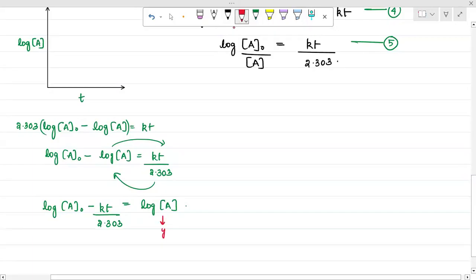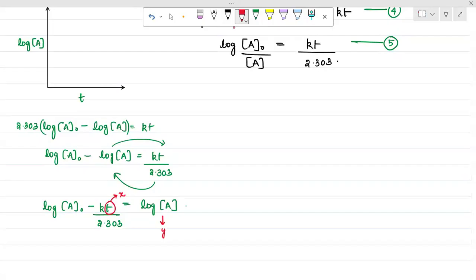This is along y and this is along x. This is of the form y equals mx plus c, where the intercept is positive and it is log A0. We have got a negative slope, but understand that the negative slope is minus k by 2.303.